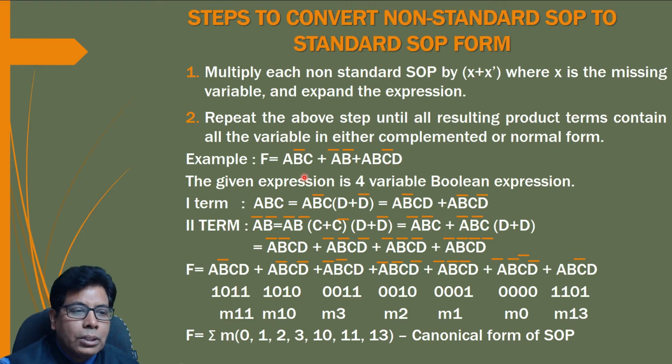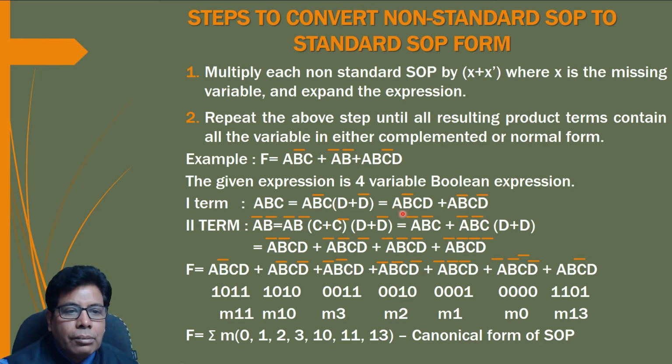So the first two terms we will have to multiply by x plus x bar, where x is the missing variable. In the first term, the missing variable is d. So we multiply the first term a b bar c by d plus d bar. So we'll get a b bar cd plus a b bar c d bar.